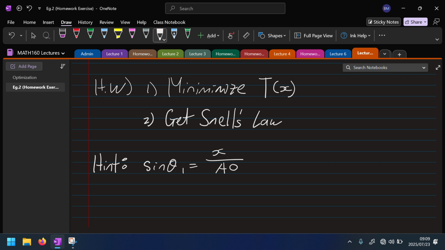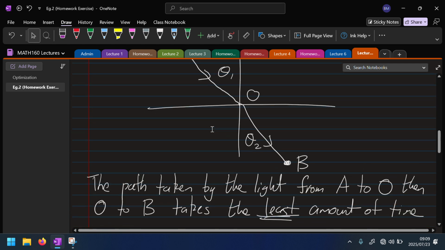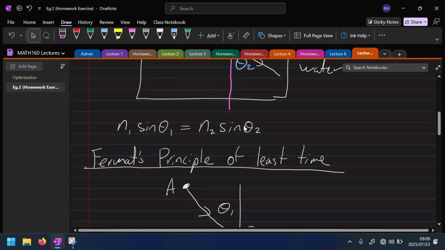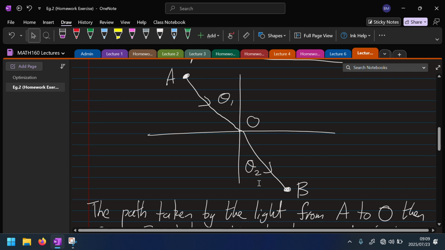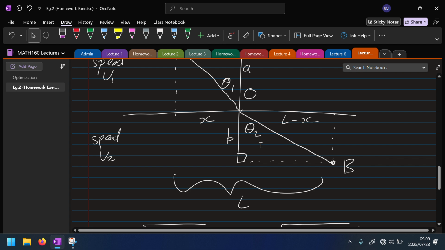So once you do your derivative and all of that, you look for X over AO and you replace that with sine theta 1. That's the first part of your Snell's law. Then the second part is we need sine theta 2. So we look at this triangle over here, this bottom one. Again, this bottom triangle here, sine theta 2, what is that going to be?